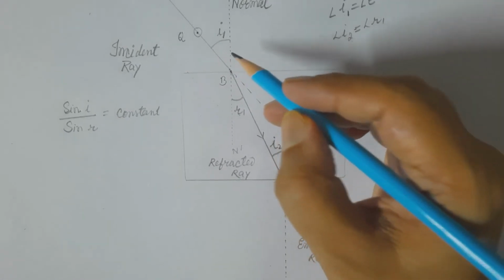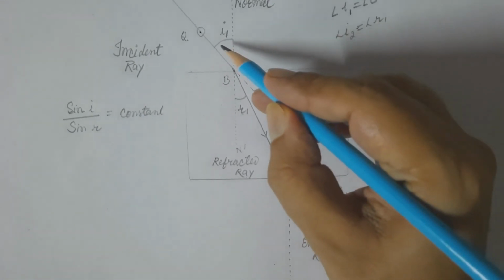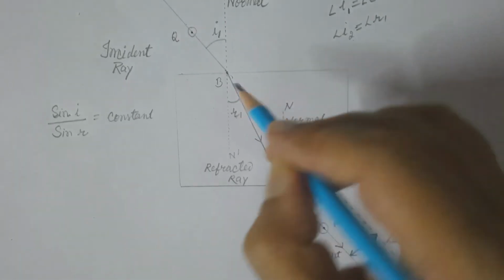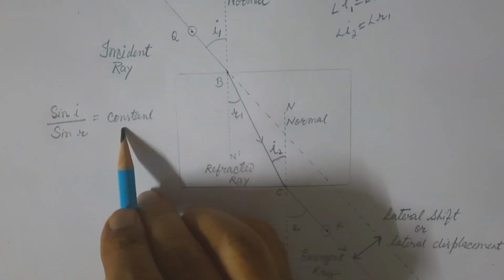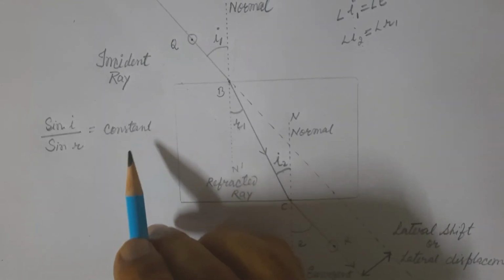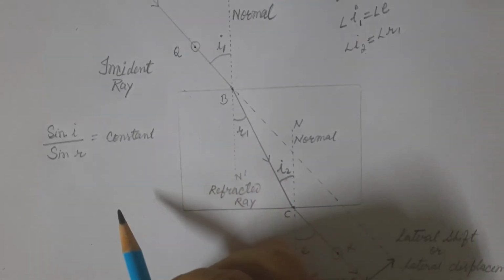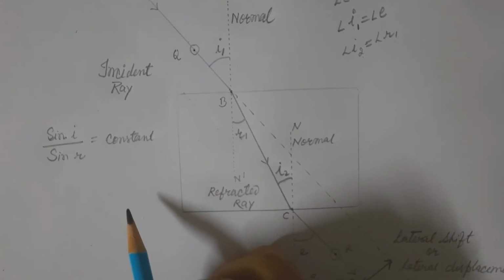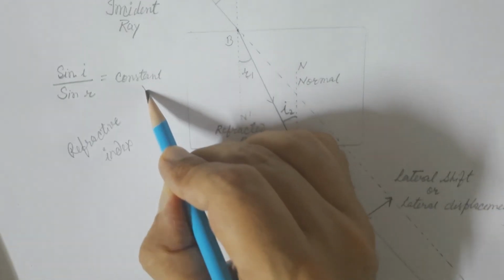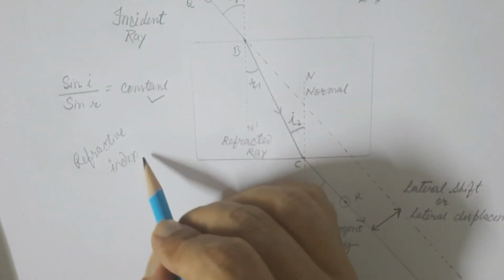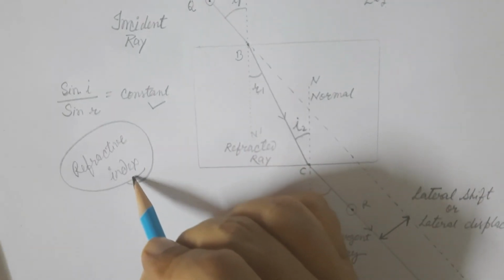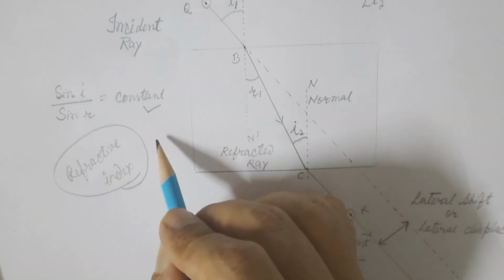Second law: the ratio of sine of angle of incidence to sine of angle of refraction is constant. Sine I upon sine R equals constant for light of a given color for the given pair of media. This law is also known as Snell's law of refraction. This constant value is called the refractive index of the second medium with respect to the first.